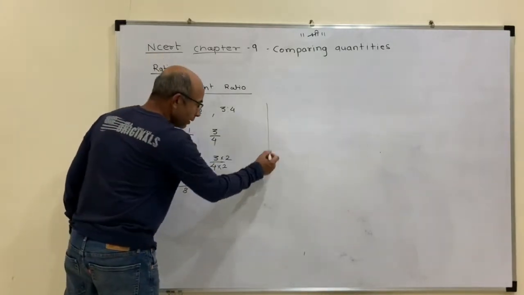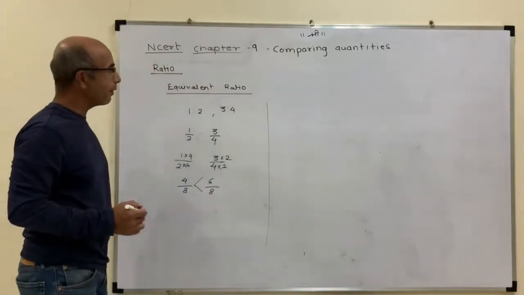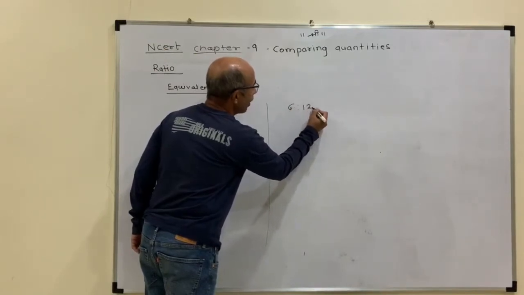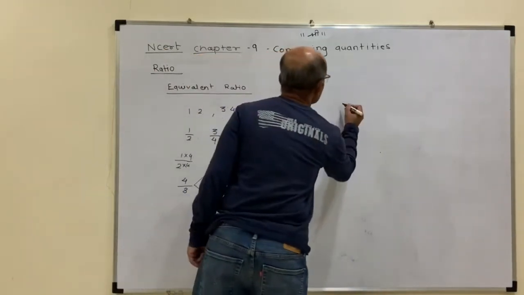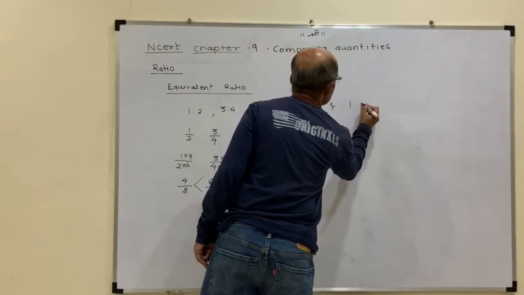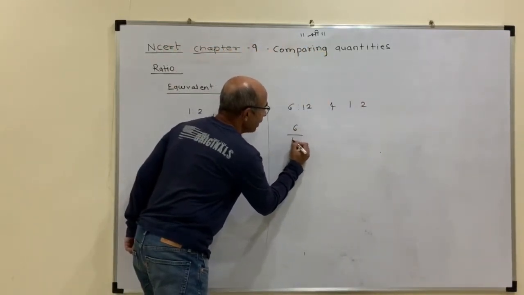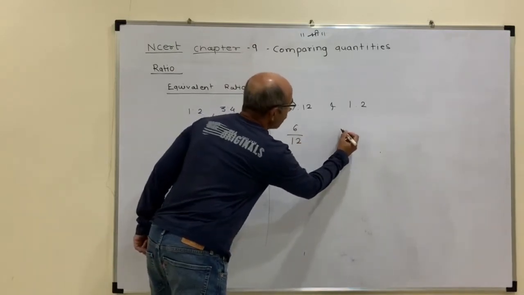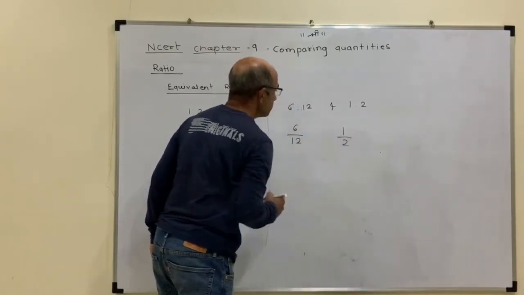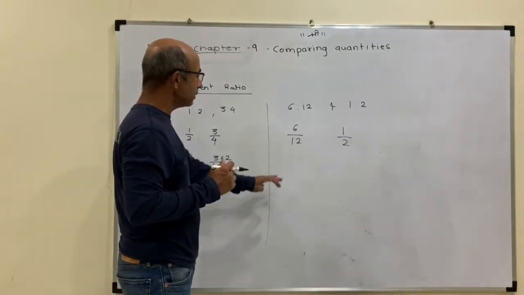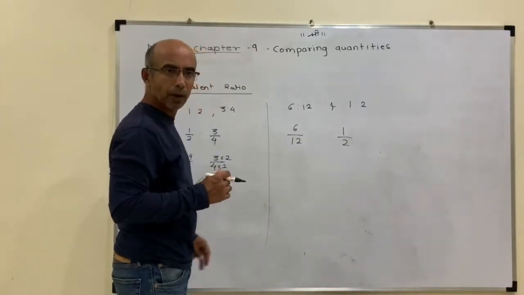Now let's compare the other one. Now I have another ratio, which is 6 divided by 12 and 1 as to 2. Now what is my LCM? 12, because I can multiply by 12.